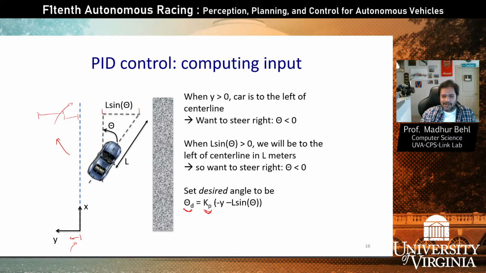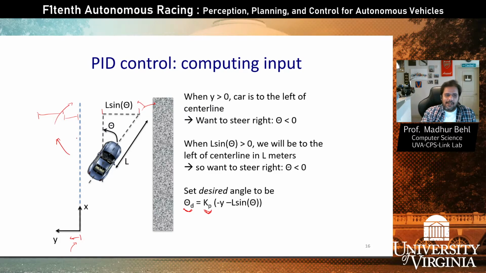And now you can see why we added the negative here, because steering right in this nomenclature and in this setup means that this phi would be negative, because you remember how phi is starting from the axis of the car. So if we want to steer right, we have to go this way, which means it's negative phi in this coordinate system.